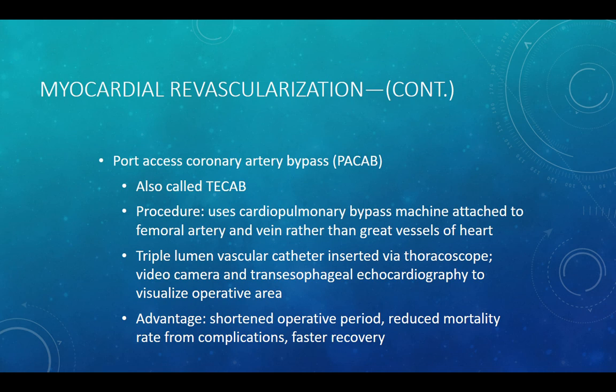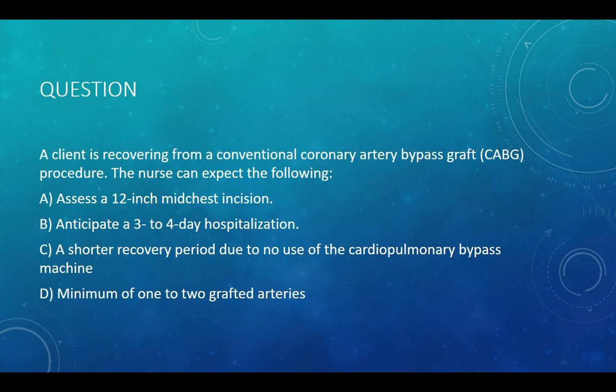Triple lumen vascular catheter inserted via a thoracoscope, video camera, and transesophageal echocardiogram to visualize the operative area. Advantage is shortened operative time, reduced mortality rate and complications, and a faster recovery. Of course, they don't have the big incision that they have to deal with, but I would rather go with a regular one. Okay, thanks.